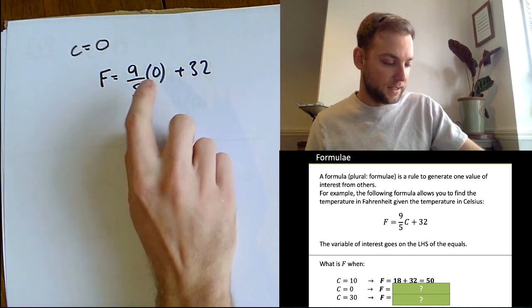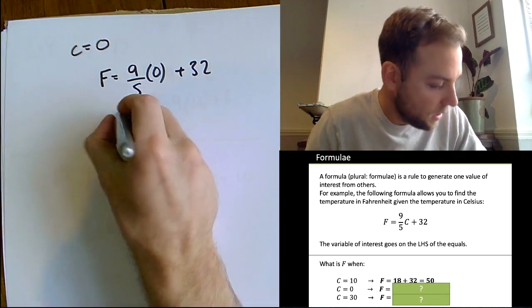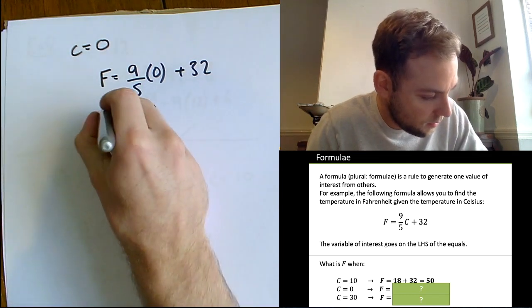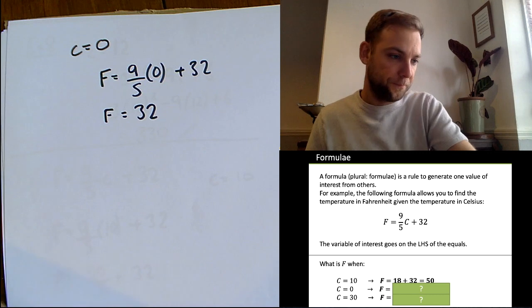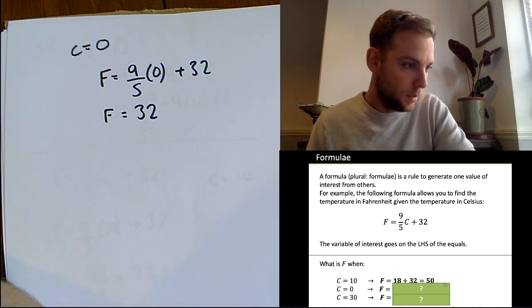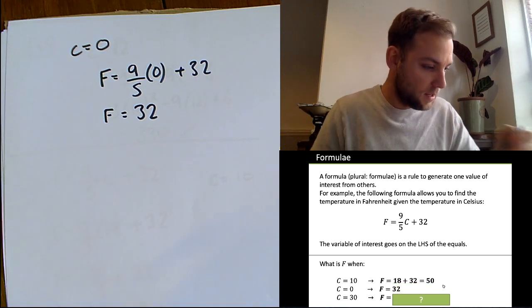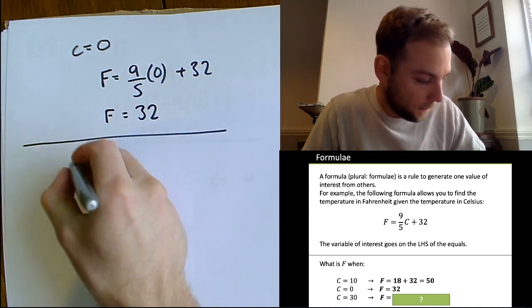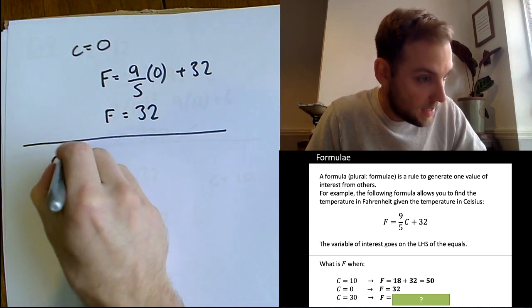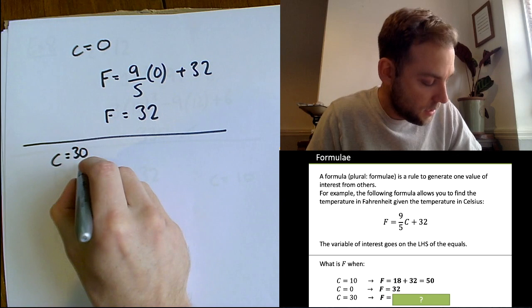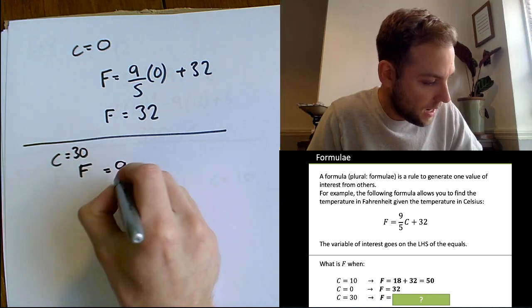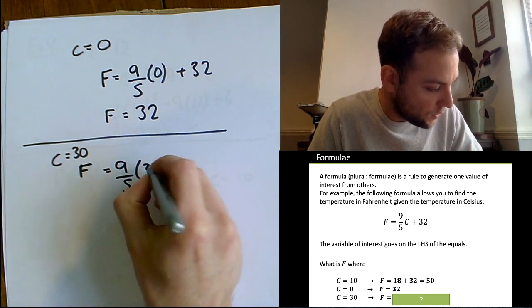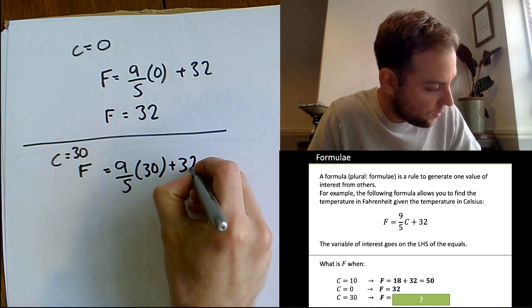Anything times 0 is 0, plus the 32 is 32. That one's easy. Last one then. When c is equal to 30, F is equal to 9 over 5 times 30 plus 32.